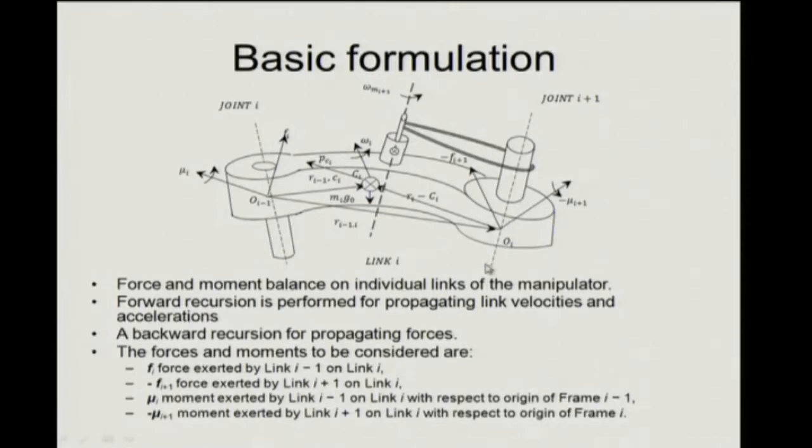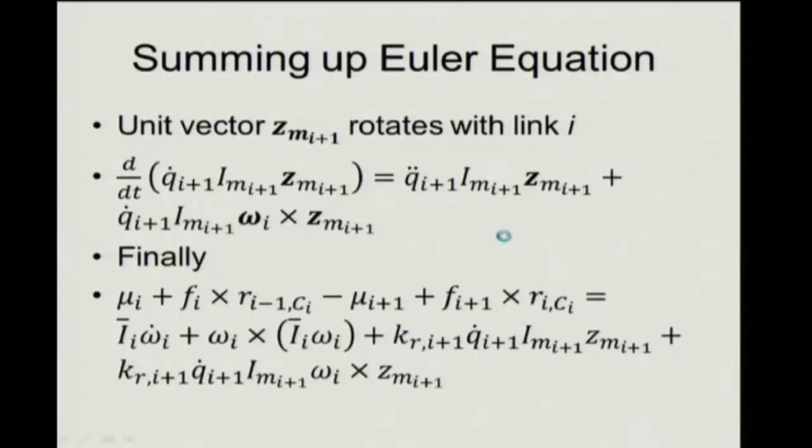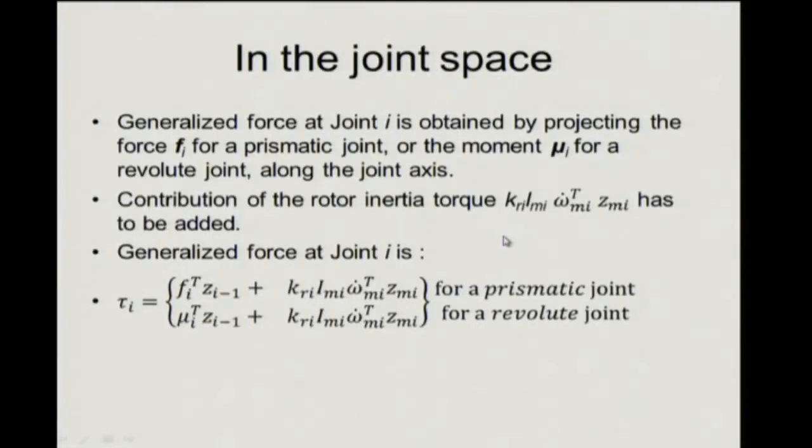The way I project this moment along this axis is that I just take the dot product. Then I will get the joint torque if I am interested in that. Similarly, if this is a prismatic joint, then I will take the force and project it along this axis. I will take the dot product again and I will end up with the joint force. So, this is what is being stated here.